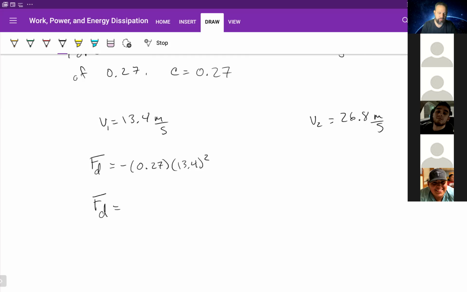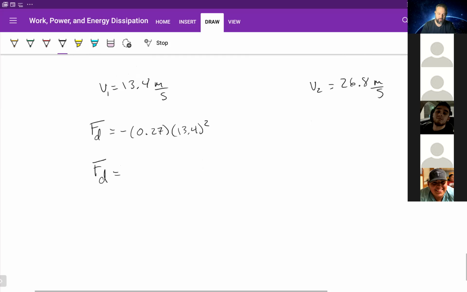I got 48.5, so negative 48.5 newtons. Okay. Now let's do it again for the V2, the 26.8, where we double our speed. That's going to be negative 0.27 times 26.8 squared.